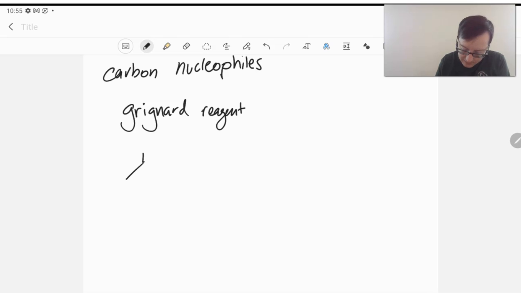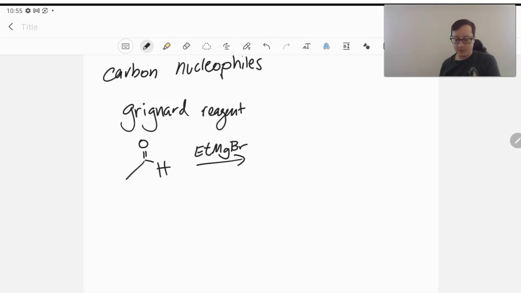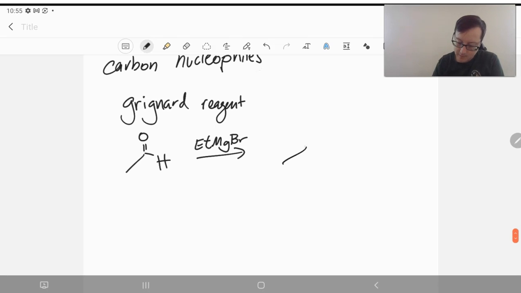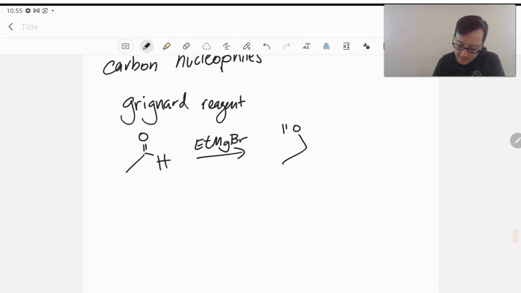So, if you take your happy aldehyde or ketone, treat it with, how about an ethyl Grignard reagent, you will end up making, well, first you'll make your alkoxide, and then you'll go ahead and protonate it.